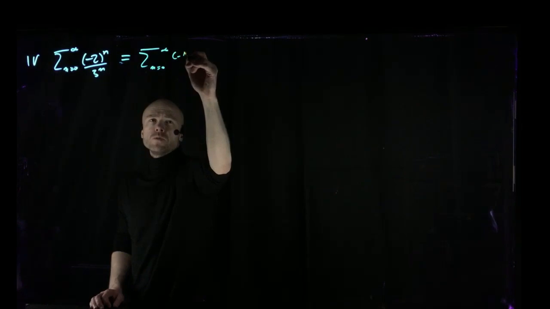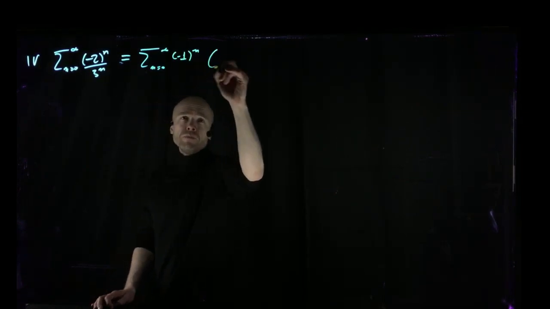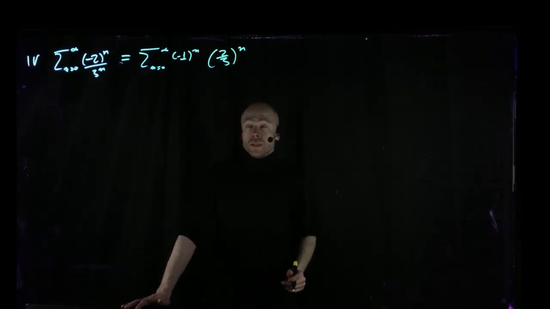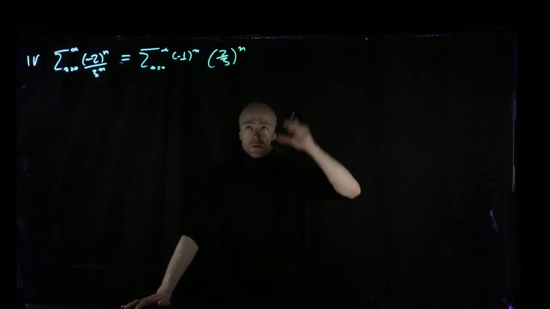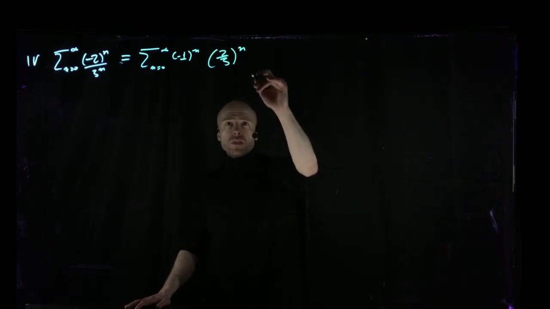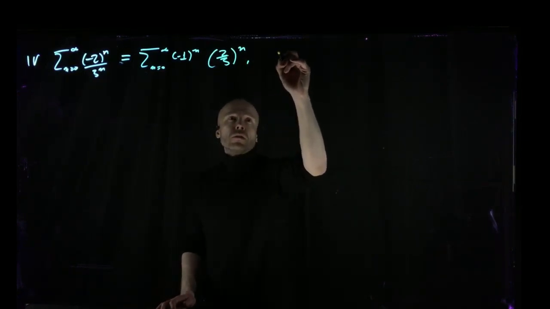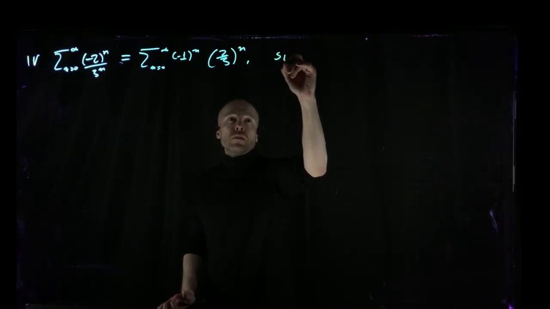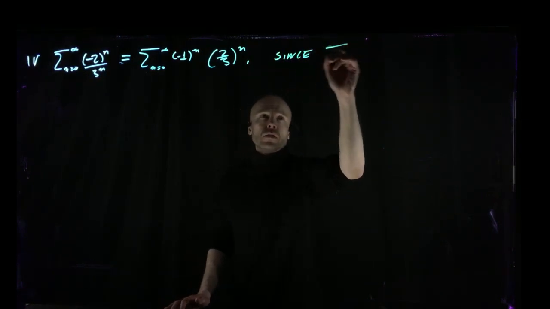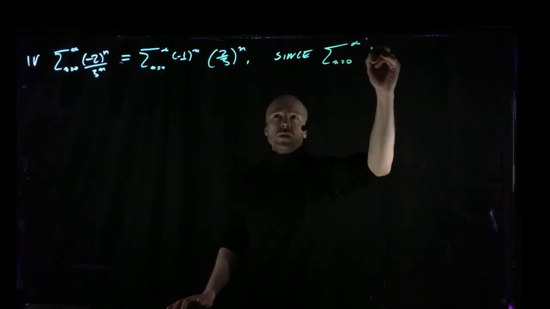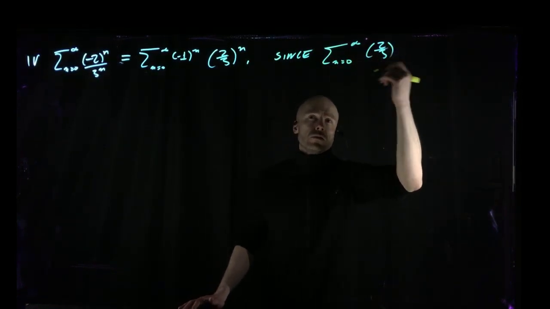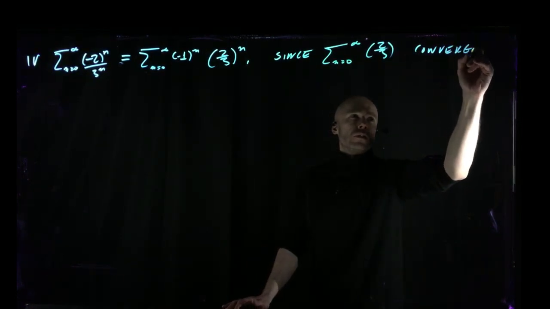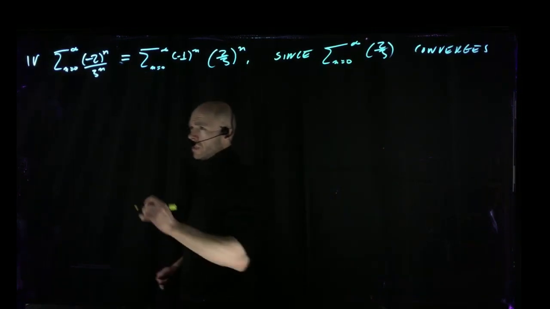Let's pull out this as (-1)^n, and then it's like (2/3)^n. Okay, so it's alternating, but even if we take the absolute value of all these terms, then we just see it's a geometric series. So it actually converges absolutely. Since this guy, n equals 0 to infinity, is a geometric series, we even know it converges. We even know what it converges to. It's not needed though. The series converges absolutely.